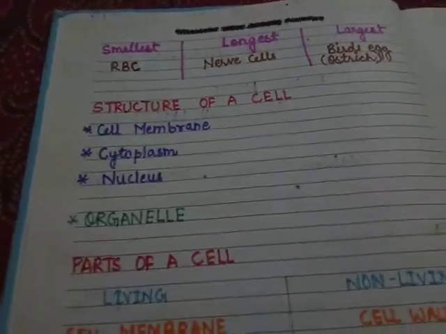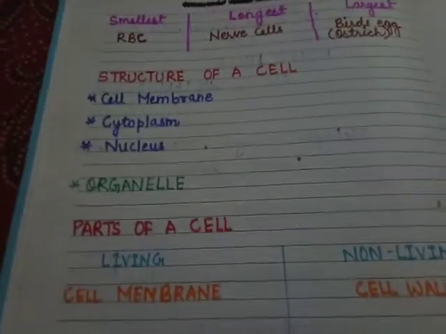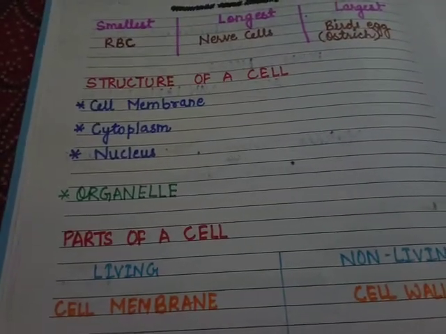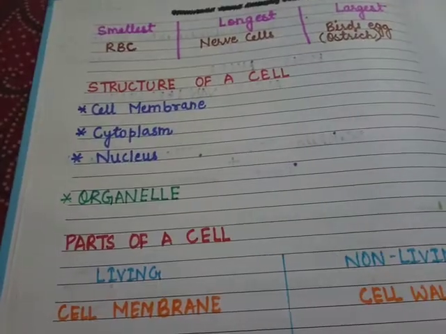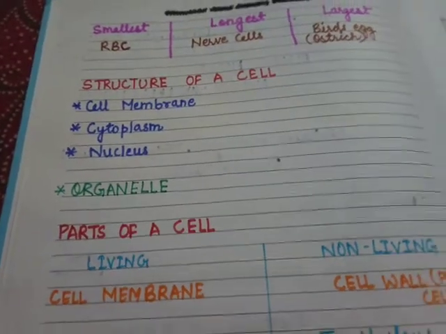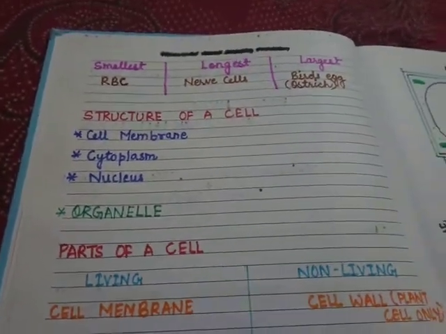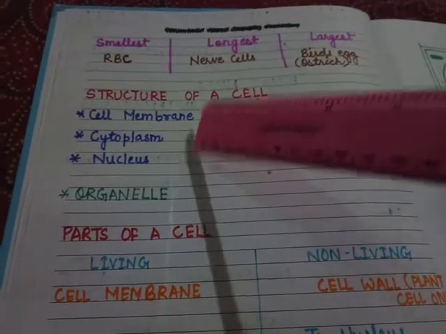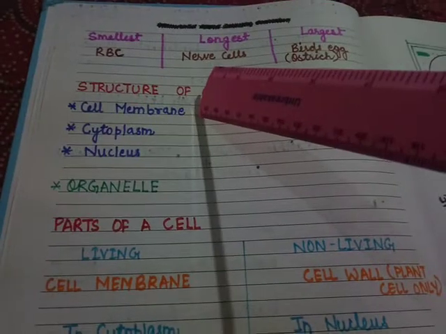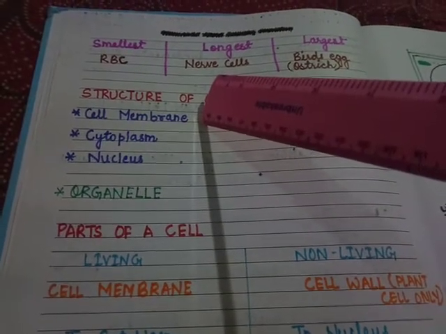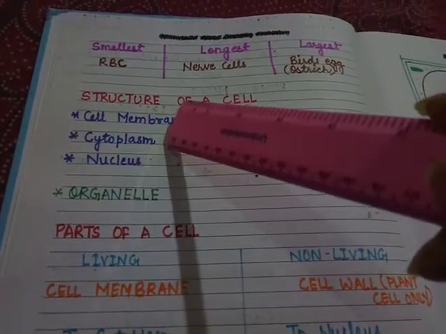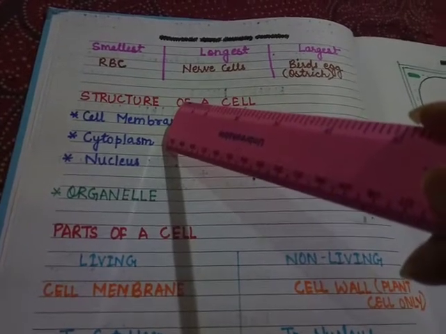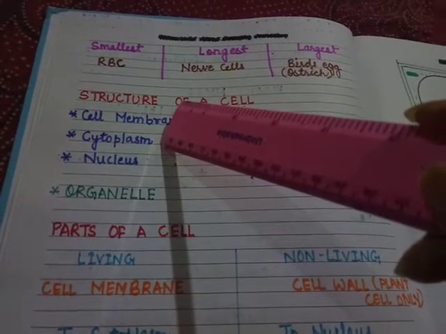Now we'll discuss the structure of a cell. You have learnt in the lower classes about the cell and the cell organelles. The structure of a cell mainly comprises three main parts. That is, first the cell membrane, that is the outer covering of the cell. Second comes the cytoplasm, that is the fluid part of the cell in which the organelles are embedded.